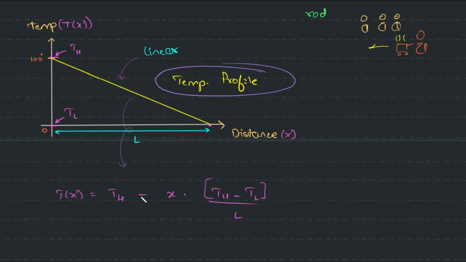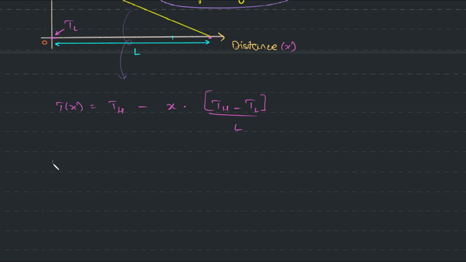Okay, does it make sense? x and L both are lengths, so dimensionally they cancel, leaving temperature minus temperature. If I have to find the temperature at a point, say the rod is 10 centimeter and this point is around 8 centimeter away from the hottest point, the source, let me take an example.